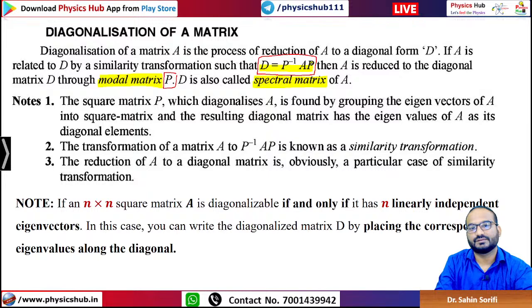This is the condition: D is equal to P inverse AP. The square matrix P, which diagonalizes A, is found by grouping the eigenvectors of A into a square matrix. This is very important. The resulting diagonal matrix has the eigenvalues of A as its diagonal elements. We will be solving problems, don't worry. You just write this down, okay?